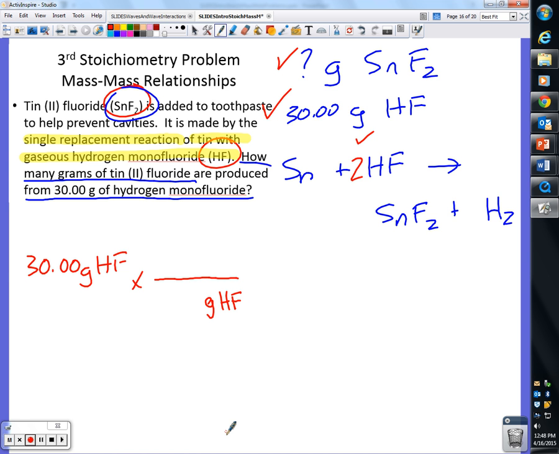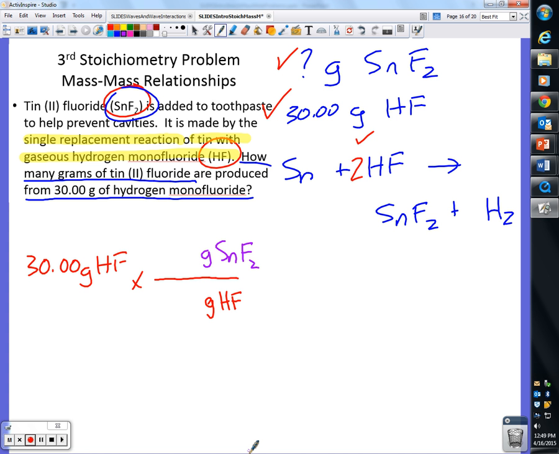Because remember, we've got to cancel this and this, so we have to put them on opposite sides. Conversion factors ultimately get rid of units we don't want and give us units that we do want. In this problem, it's asking us for grams of tin fluoride.